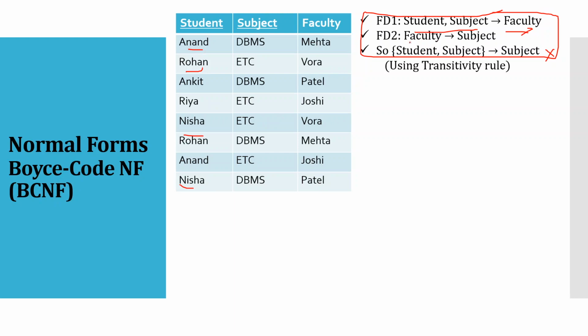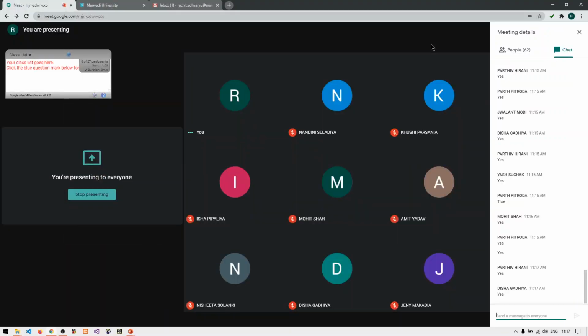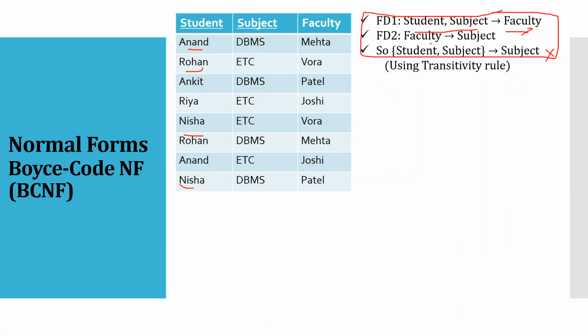So is faculty a primary key, because it is a determinant? Is faculty a primary key in the table? Please look at the table properly and then tell me.